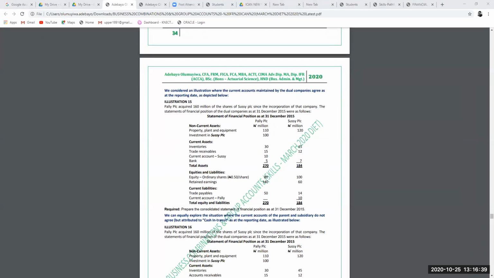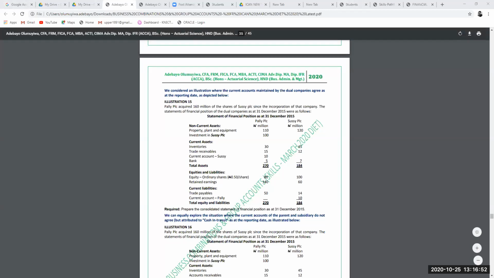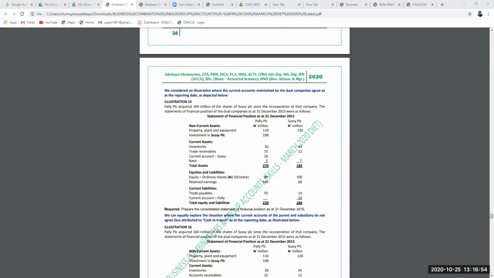Pali PLC acquired 160 million of the shares of Suzy PLC since the incorporation of that company. The statements of financial position of the two companies as at 31st December 2015 were as follows. Prepare the consolidated statement of financial position as at 31st December 2015.